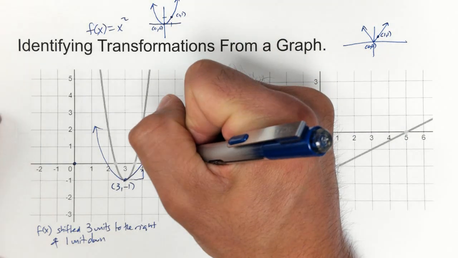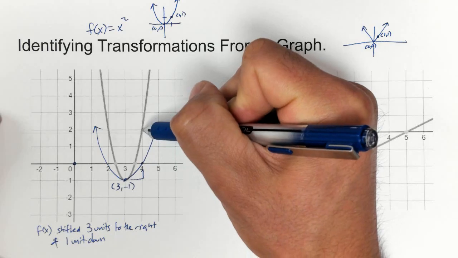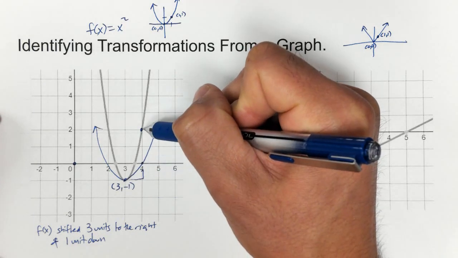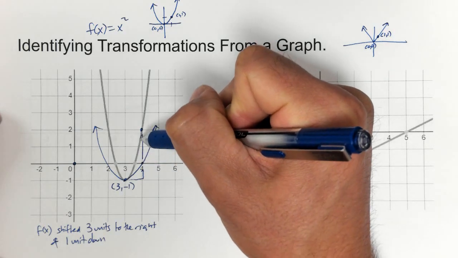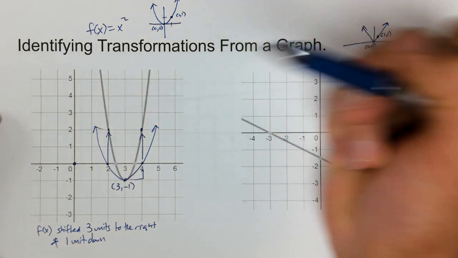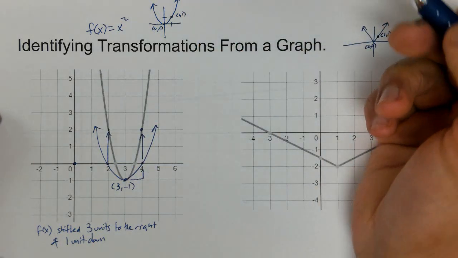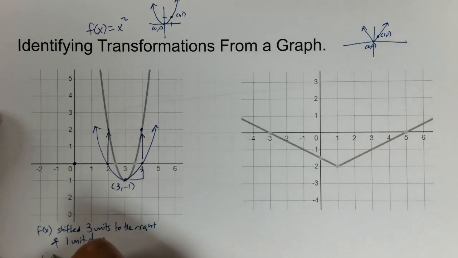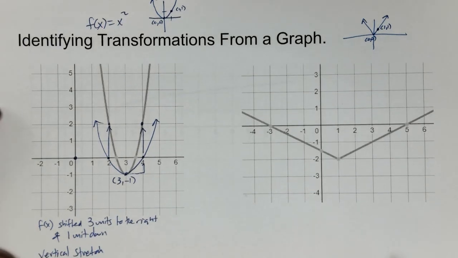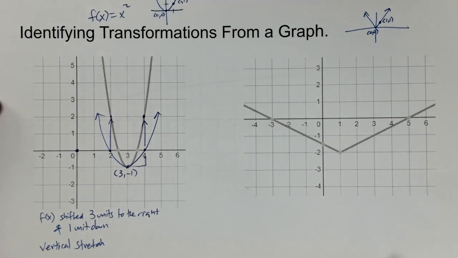So vertically, this point landed up here. When I moved 1 to the right, I ended up going higher than I expected. That point was moved up. So I call that a vertical stretch. This is a vertical stretch.